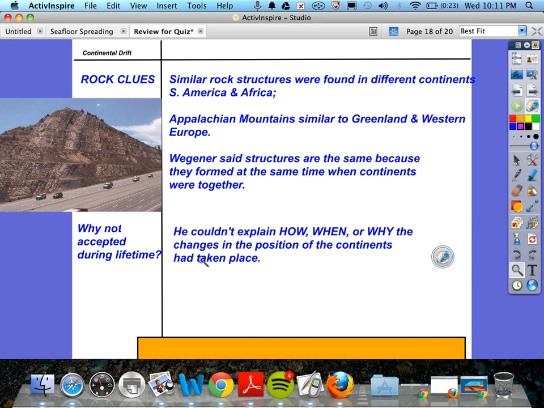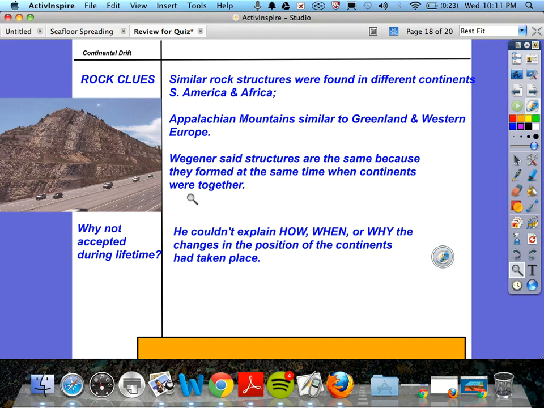The last type of clue that Wegener used was rock clues. He said there are similar rock structures and layers found in South America and Africa. The mountain ranges of the Appalachian Mountains are similar to the ones in Greenland and Western Europe.